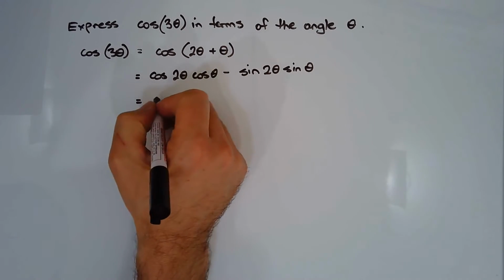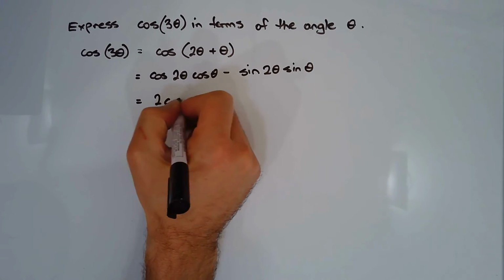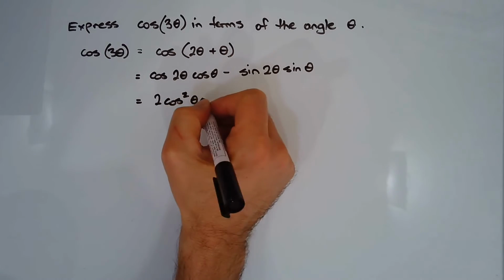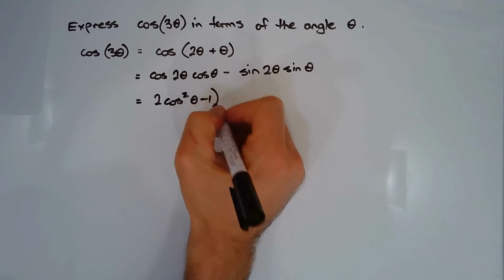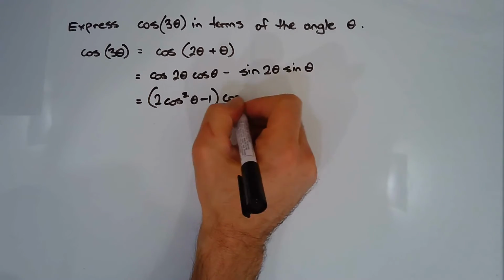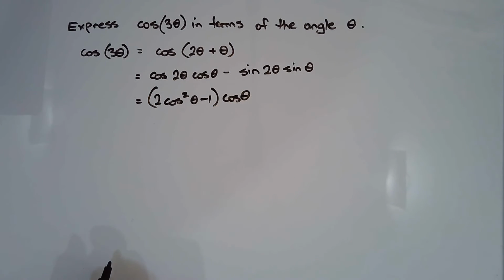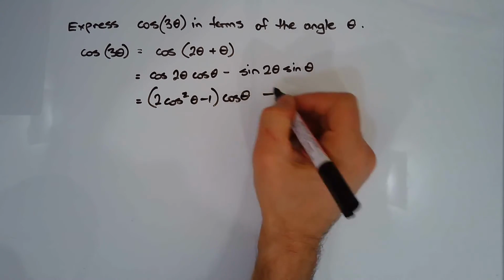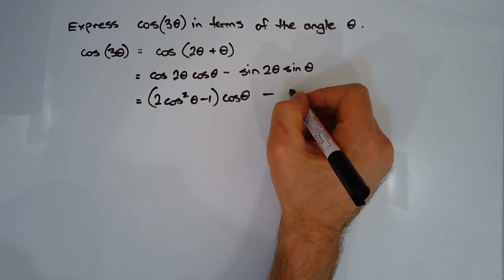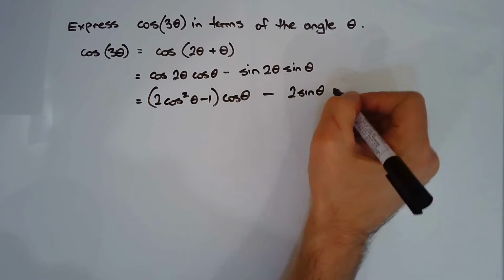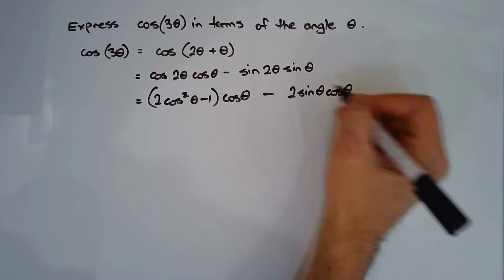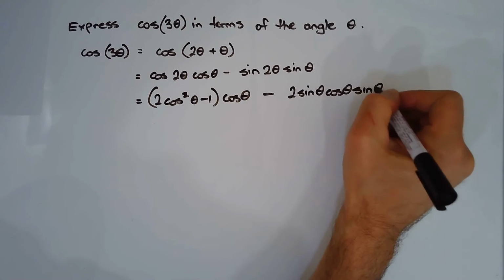Now cos of 2 theta is 2 cos squared theta minus 1, times cos of theta, minus sine 2 theta, so that's 2 sine theta cos theta multiplied by sine theta.